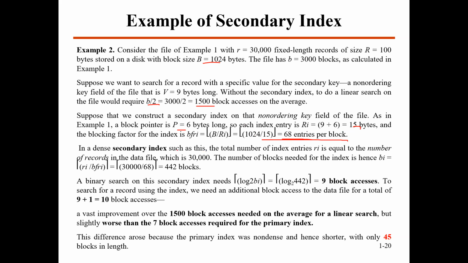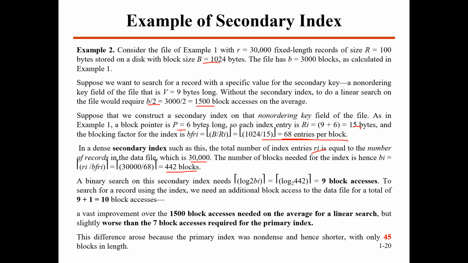In a dense index, the total number of index entries R of I is equal to the number of records in the data file, which is 30,000. And hence we have 30,000 divided by BFRI, which is 68. It gives me 442 blocks. Now you see the difference, because in the secondary index each index entry is connecting to each record.